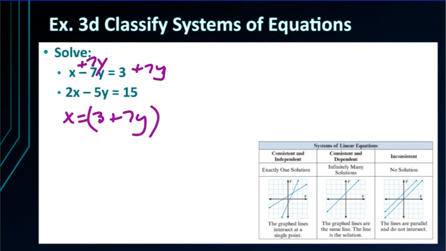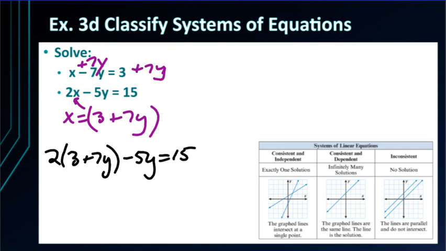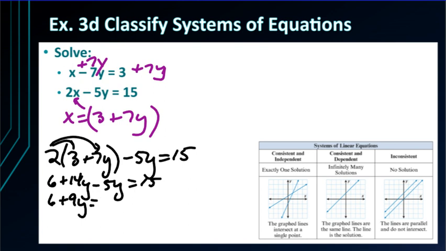If this is what x equals, I can substitute that in for this x. So now I have 2 times 3 plus 7y minus 5y equals 15. Distribute, so 2 times 3 is 6, 2 times 7y is 14y, minus 5y equals 15. Combine like terms, so 14 minus 5 is 9, so 9y equals 15.